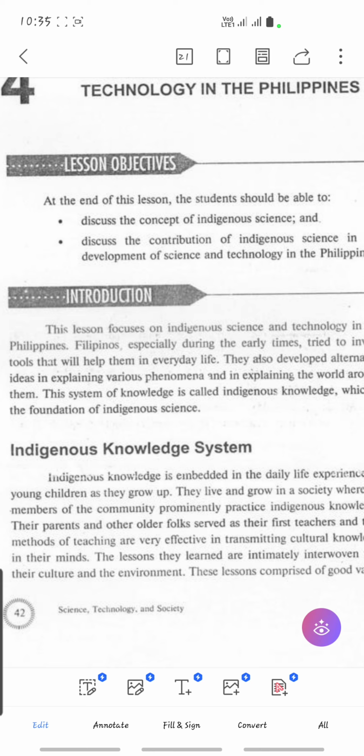If we explain what IKS is, I can explain it in three ways. Number one, we can explain IKS based on knowing the environment, the weather, agriculture, science and technology, and of course medicine itself.